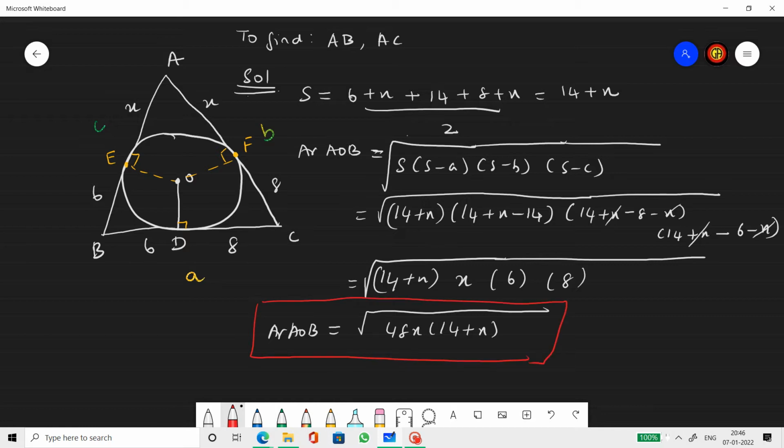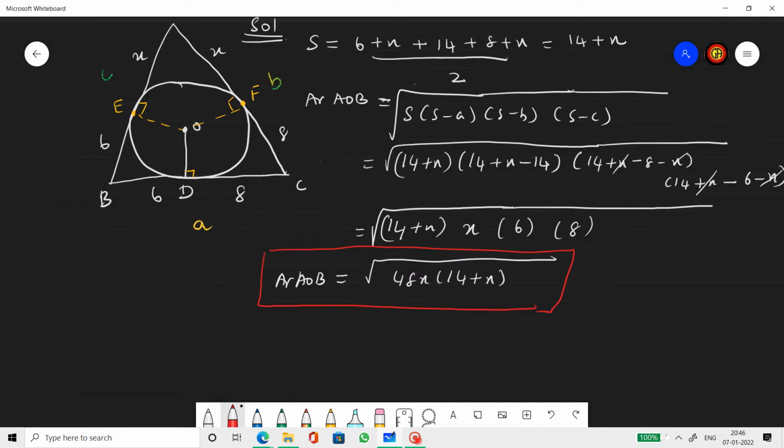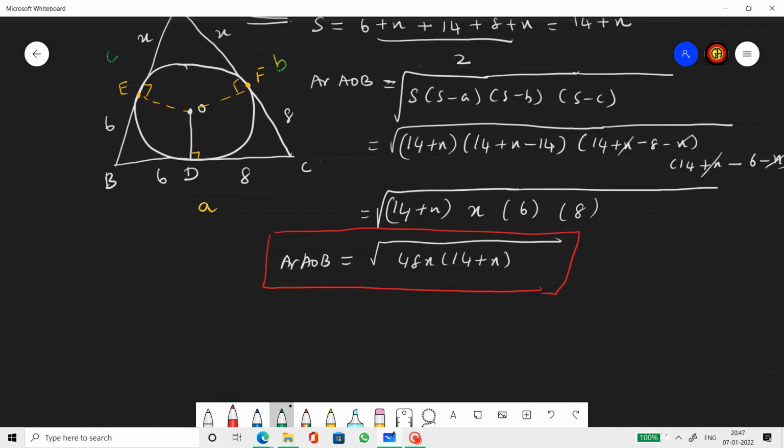So let's find the area another way now. To do it the other way, I'm going to join BO, CO and AO.